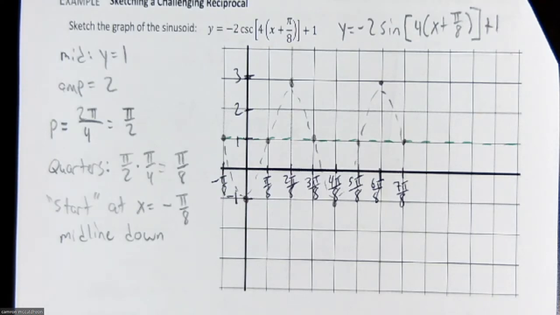When we were graphing the parent cosecant wave, what we did was we said every time sine hit 0, which is also its midline, you had an asymptote. So we have a vertical asymptote every time this sine wave hits its midline.